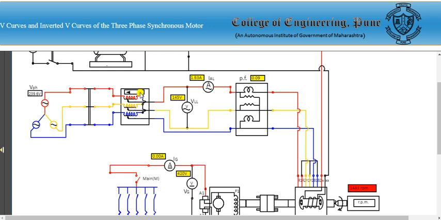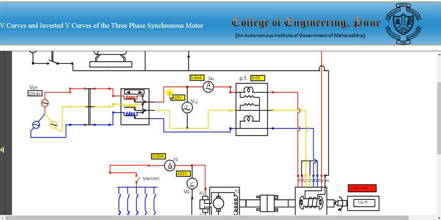Currently it is 135, 140, 150, 160. Then it is increasing. Increase the level of voltage until it reaches the rated voltage 415. Now it has already reached 415 volts. See here, the voltmeter reads 415 volt line to line.